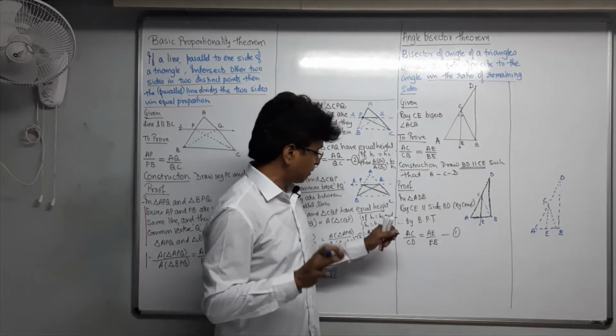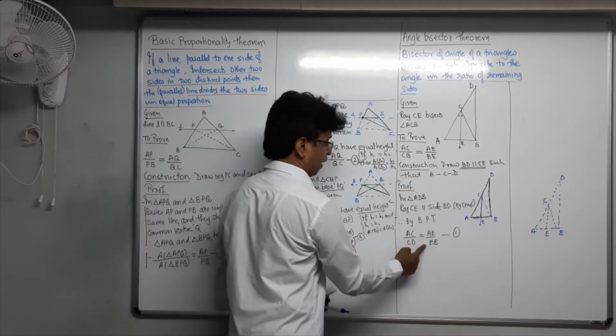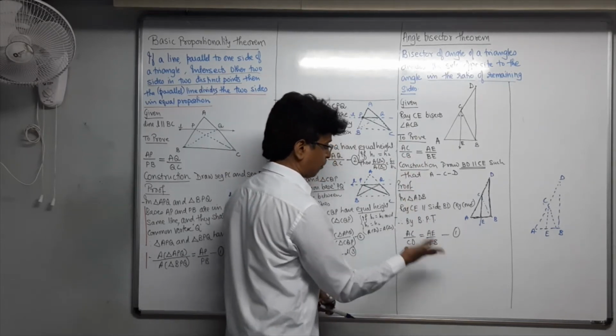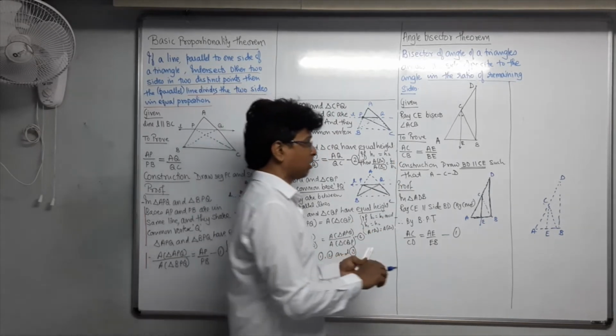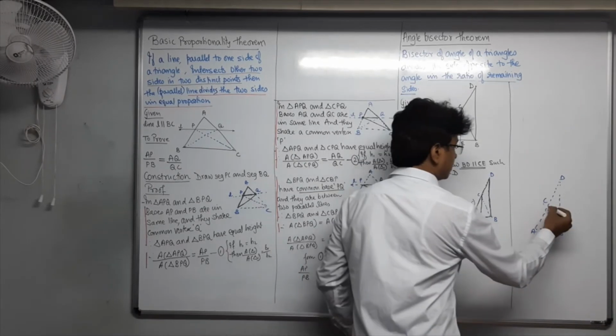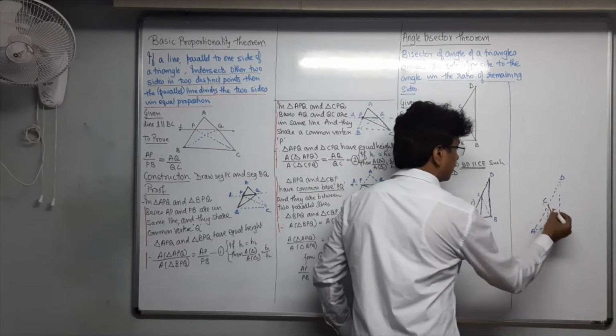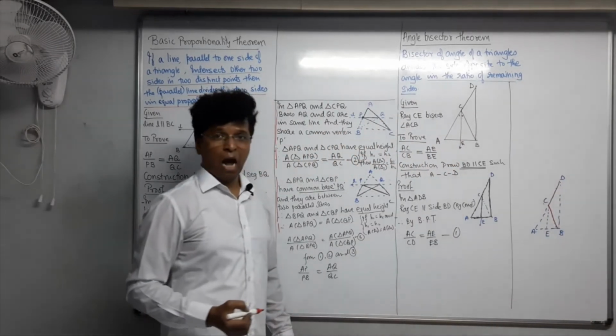Where are you now? AC is matching, AE upon EB is matching. Except you have to show that CB is equal to CD. How will you do that?